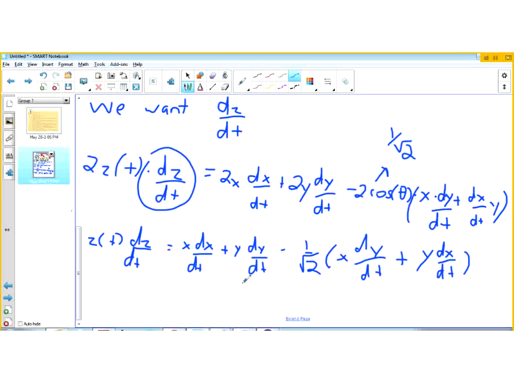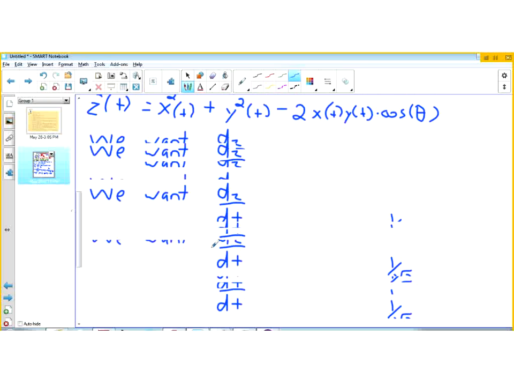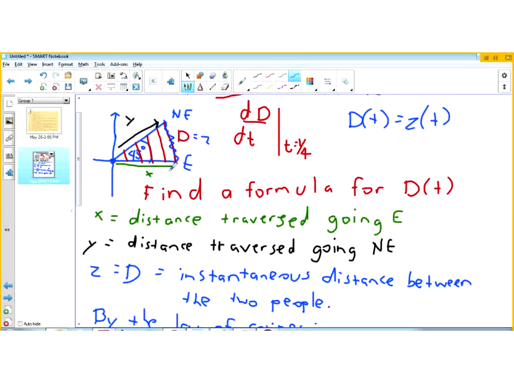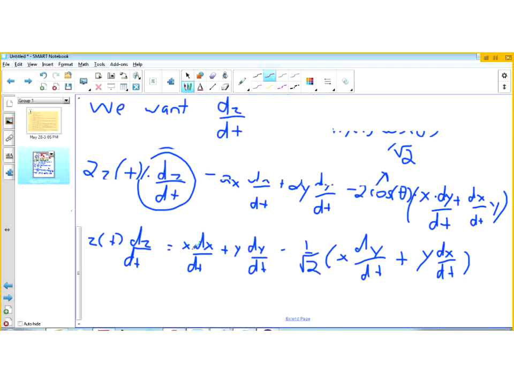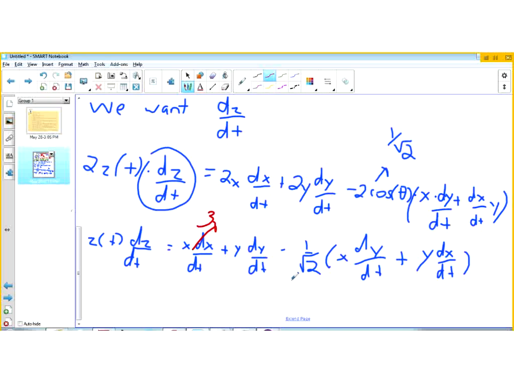So let's see how we can proceed to solve for dz over dt. We know the change in x with respect to time. The guy is walking at a constant rate, given as 3 miles per hour, so we can substitute in 3 miles per hour for this. And we know that the change in y with respect to t is 2. The change in position with respect to time is your velocity, so we can put 2 here, and we can put 3 here.